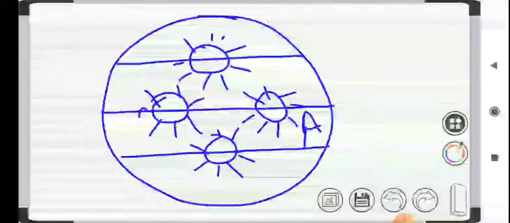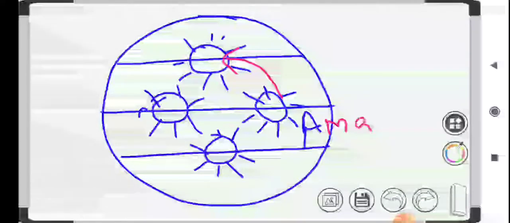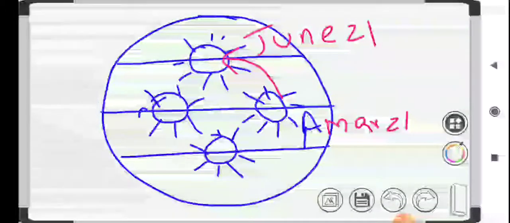When the sun moves from equator to Tropic of Cancer, from March 21 to June 21, the season in the northern hemisphere is spring.